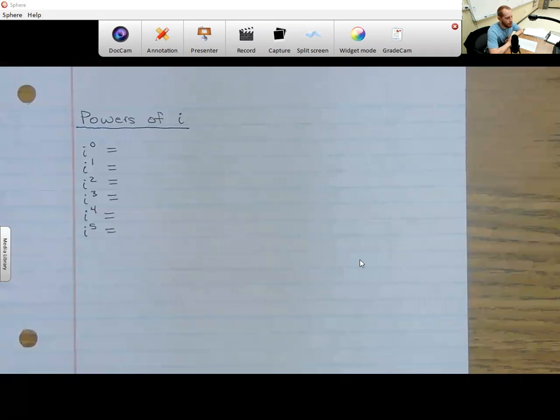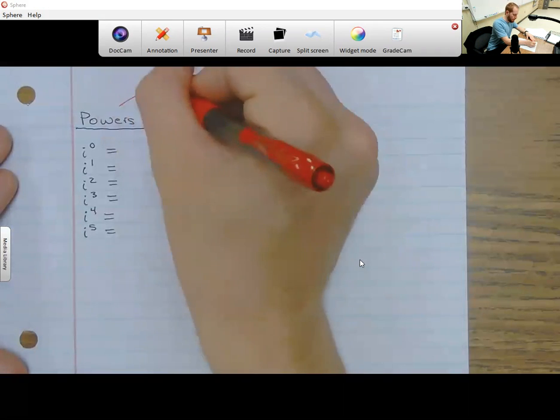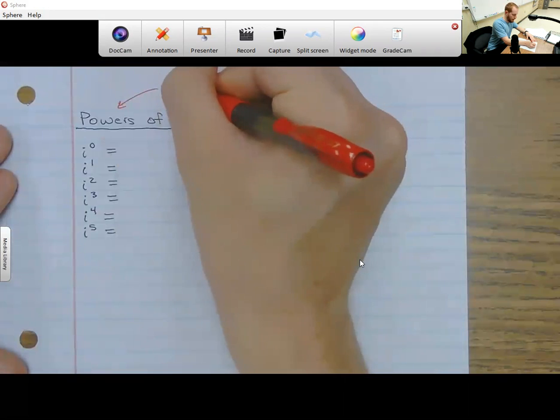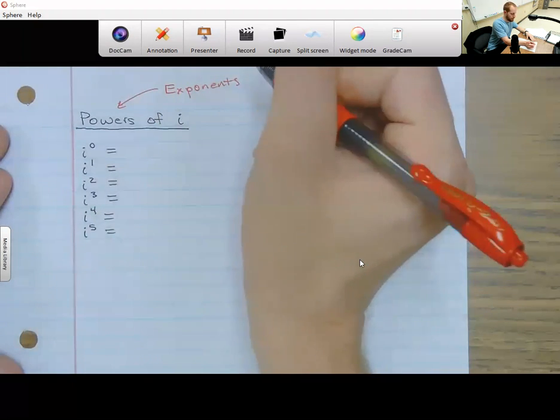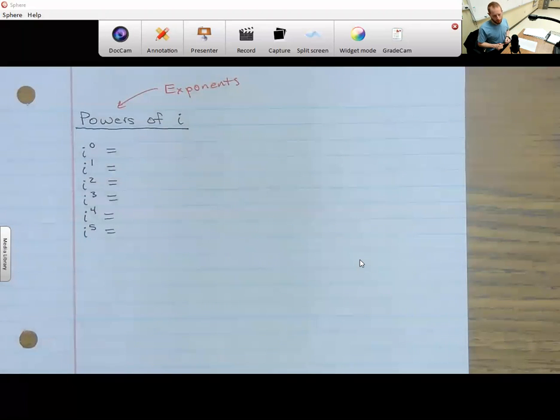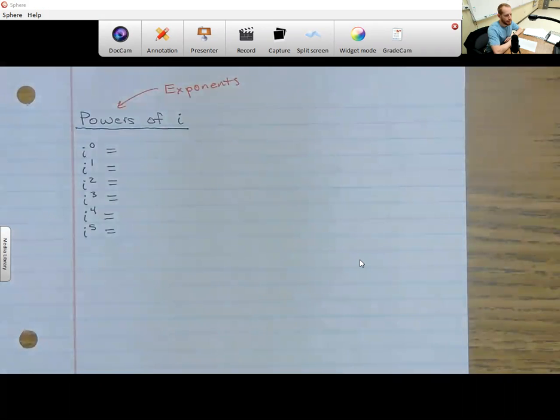Okay? So when I say powers of i, I'm talking about exponents, right? Whenever I say powers, I definitely also mean exponents. Same term. So what's i to the 0 power? Well, we know that anything to the 0 power is going to be 1.